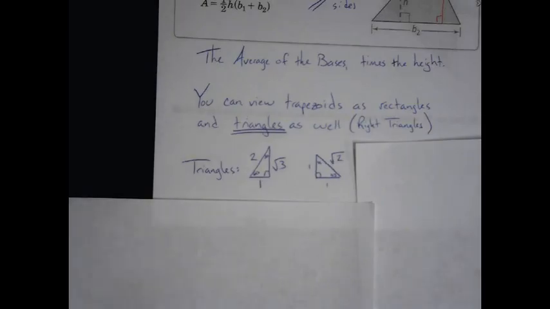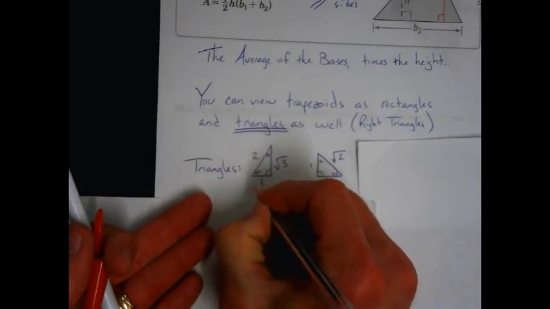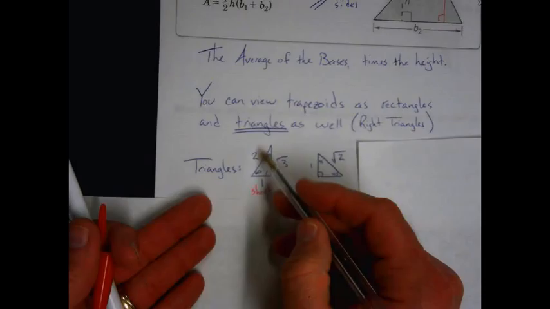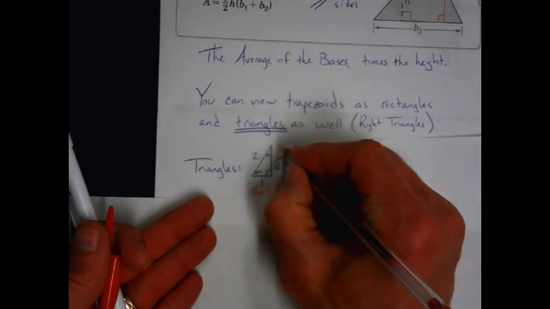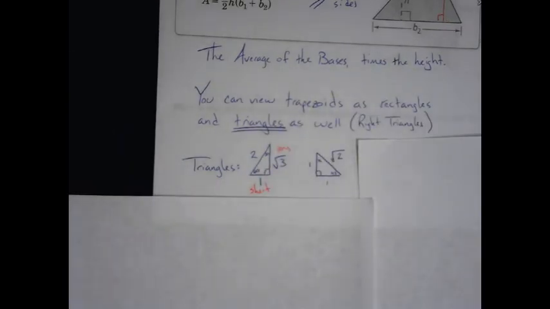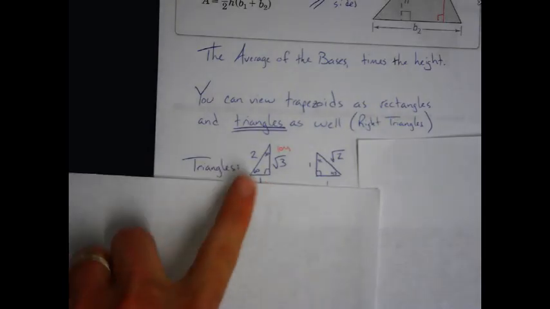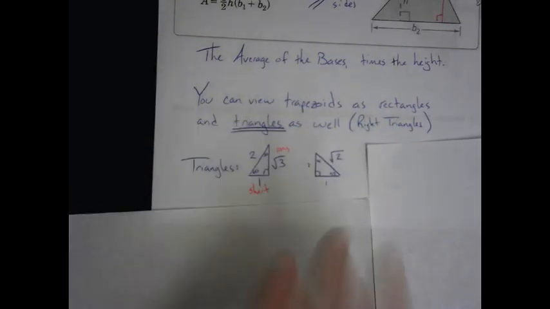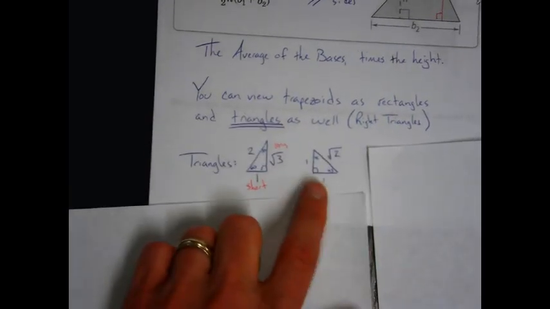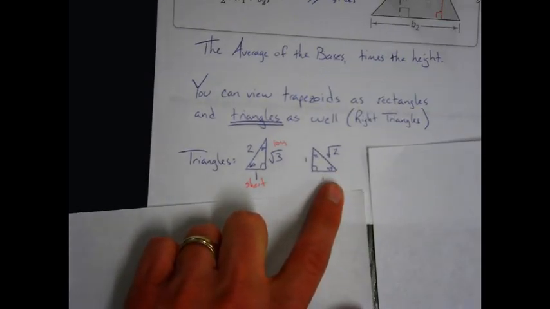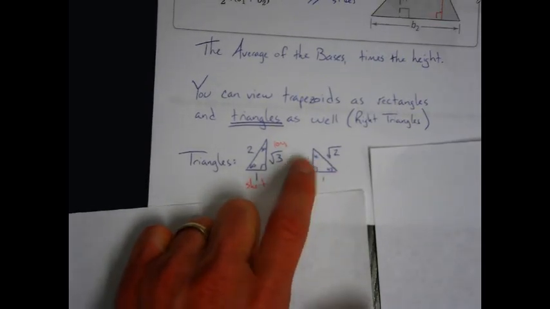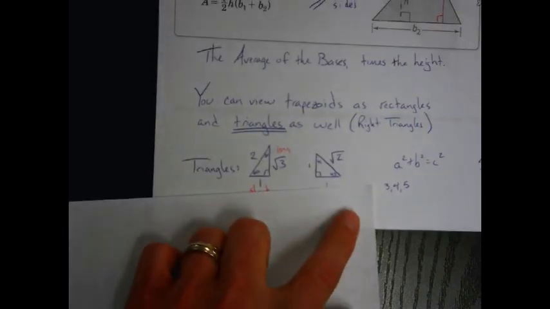The short leg is half of the hypotenuse. The long leg is the short leg times the square root of 3. And we also have to remember the 45, 45, 90 right triangles, where we have 2 congruent legs and the hypotenuse is the leg times the square root of 2.